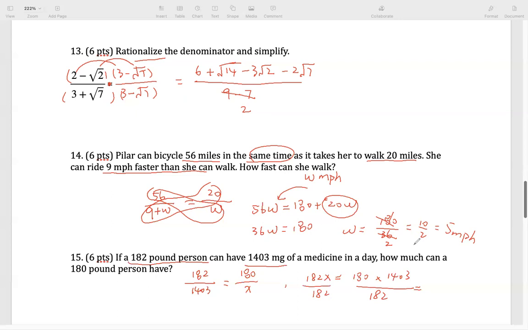So 180 times 1403, then divided by 182. That's 1,387 something. So that's about, we can round it to 1,387.58 milligrams.